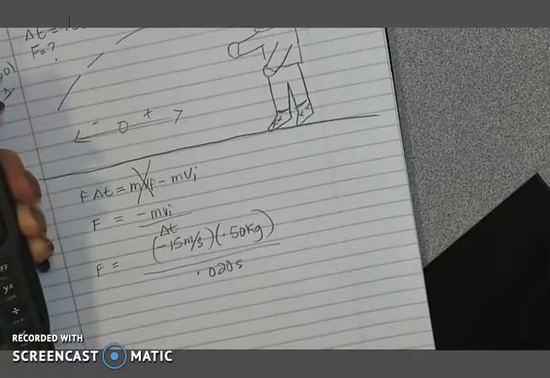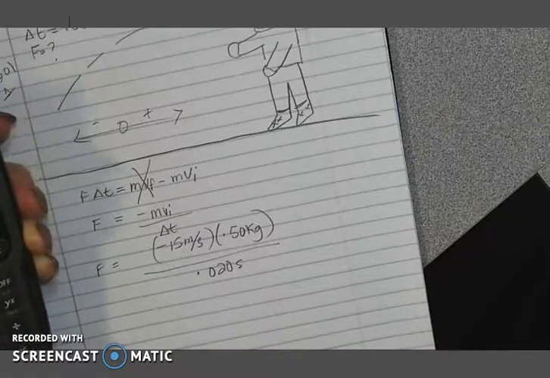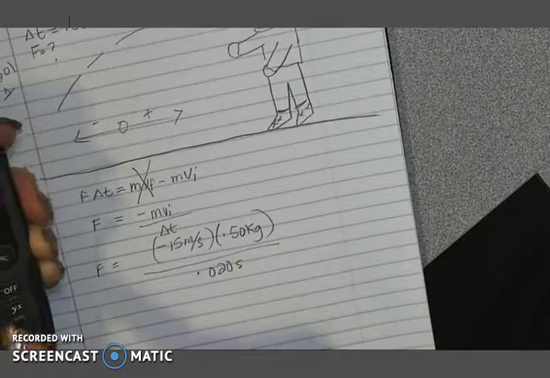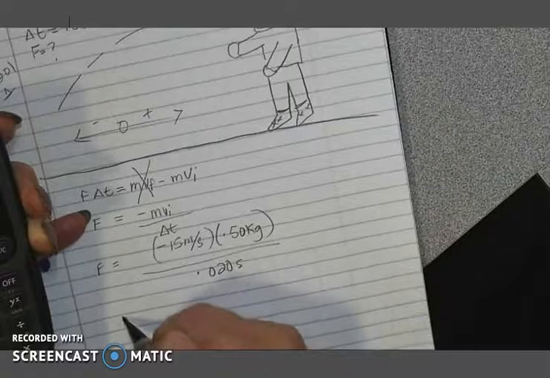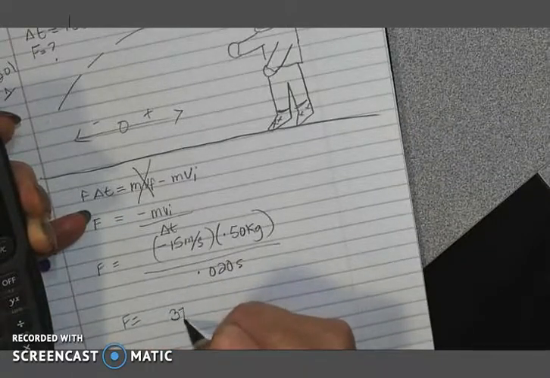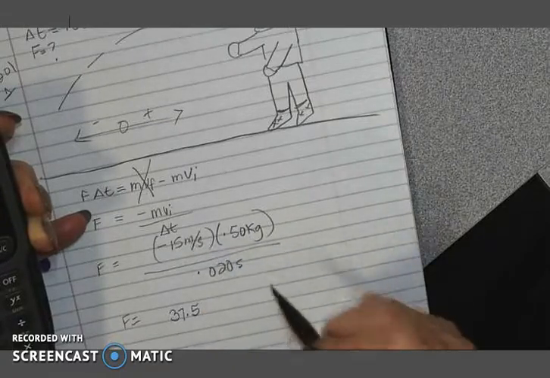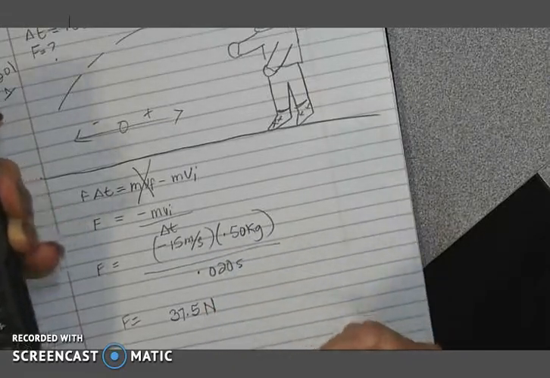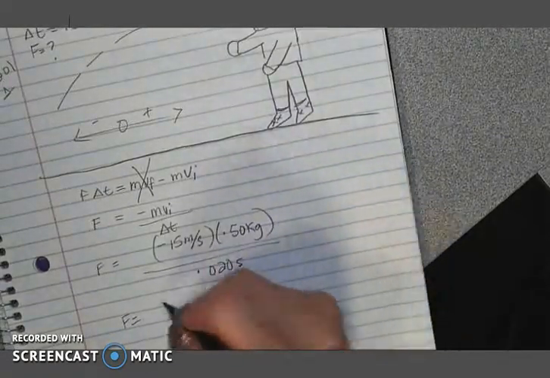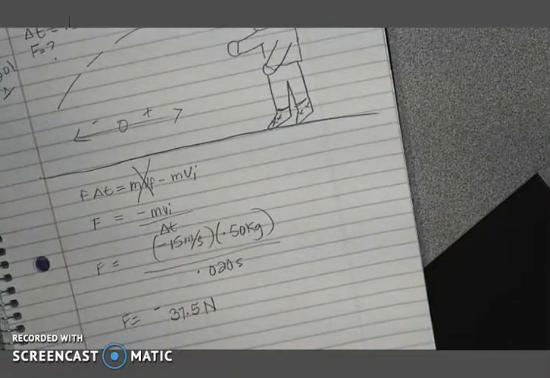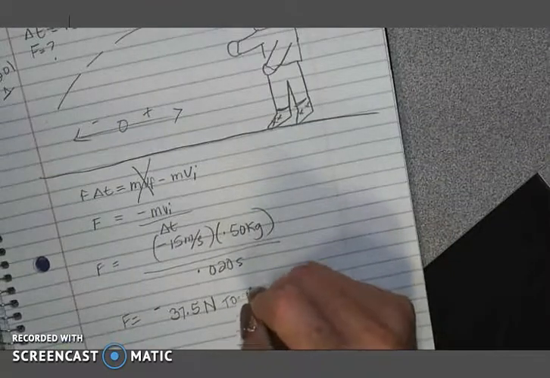Oh, let's try that one more time because that didn't work. 0.50 times 15. Okay, yeah, it did work. Negative. And then divide that by 0.020, which gives us an answer of 37.5 kilogram meter per second squared, which is a Newton. Okay, so 37.5 newtons. And remember, because this is still negative, I want to not forget the negative sign here. Negative means it is to the left.